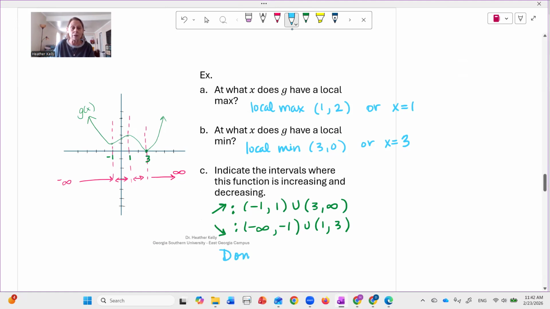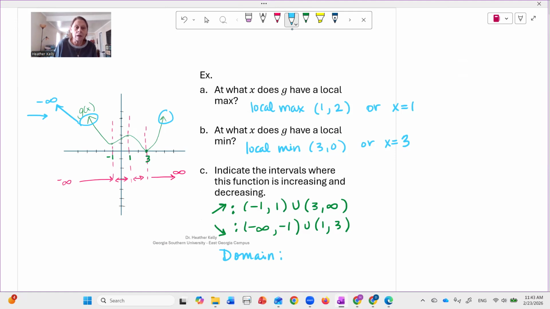What is the domain of this function? The domain, we start from the left. There's an arrowhead. An arrowhead indicates it's going from negative infinity. It's going on forever and ever and ever in the negative direction. And an arrowhead here doesn't even matter which direction the arrowhead is headed. It still indicates that it is going to forever widen and broaden out until infinity.